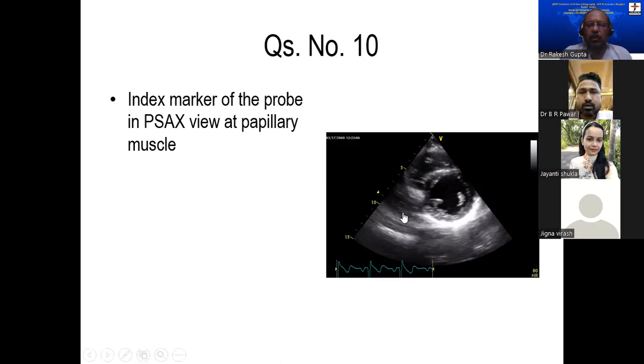And what is the importance of this IVS? To see RWMA. Interventricular septum for RWMA. Interventricular septum is majority of time used for what?